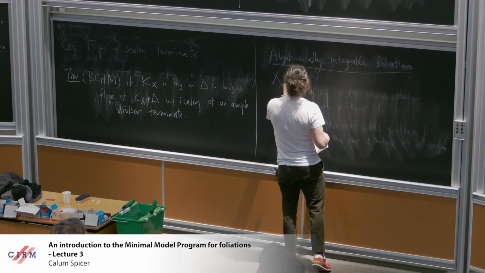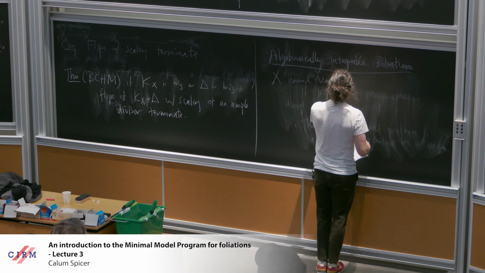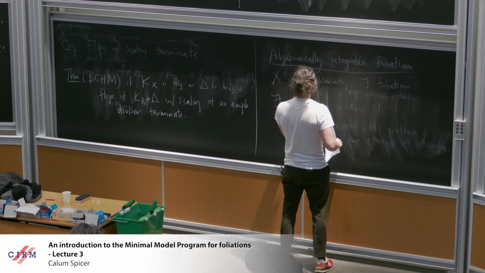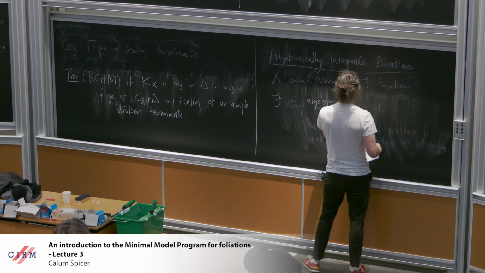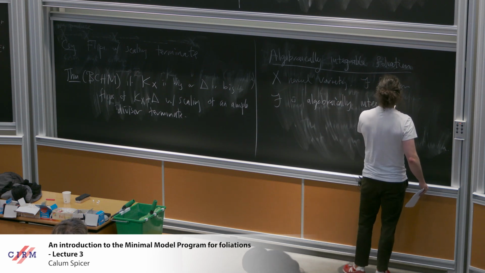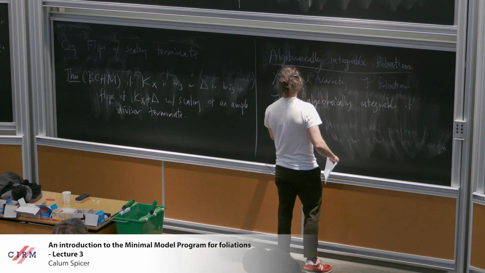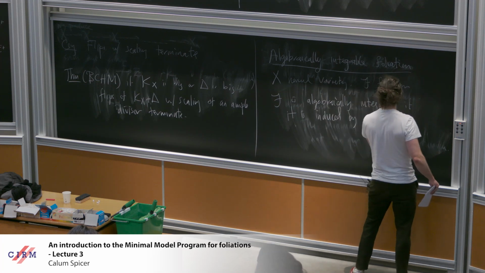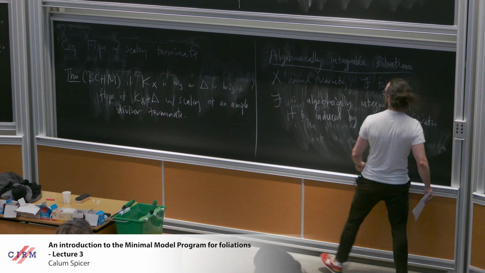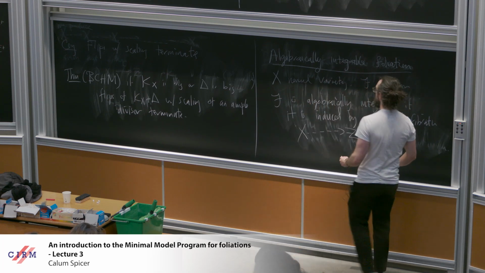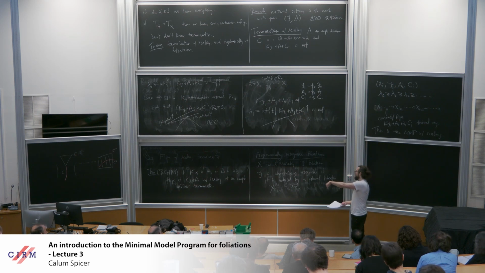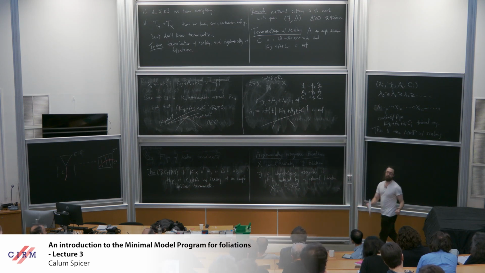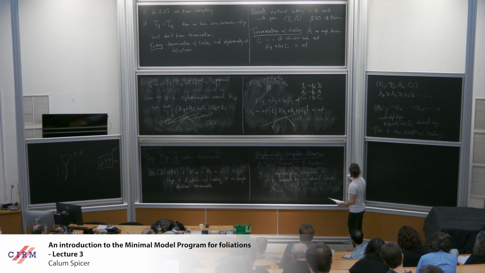So we have a normal variety X, a foliation F, and I say that F is algebraically integrable if it is induced by a rational fibration X to Z. That is, the closure of a general leaf of F is the closure of a general fiber of this morphism.